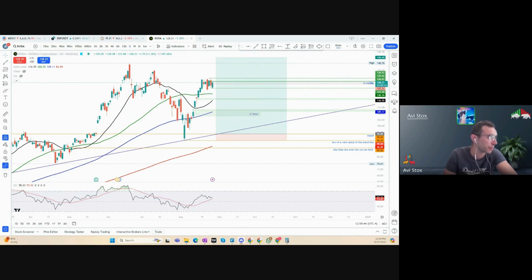Okay, stop loss will be at 90.60, risking $100.